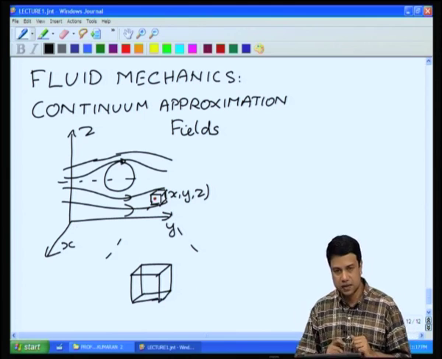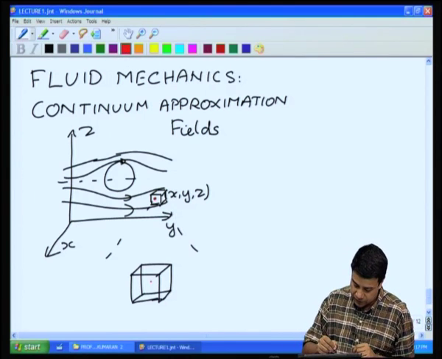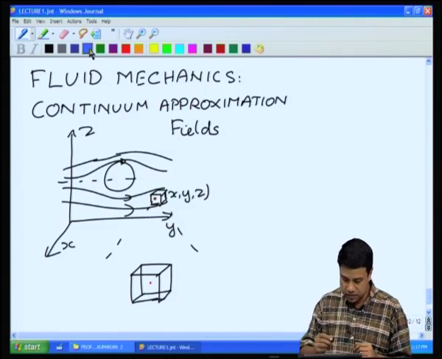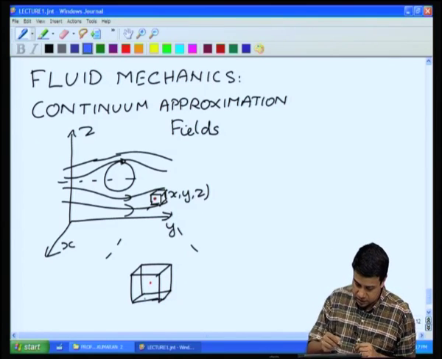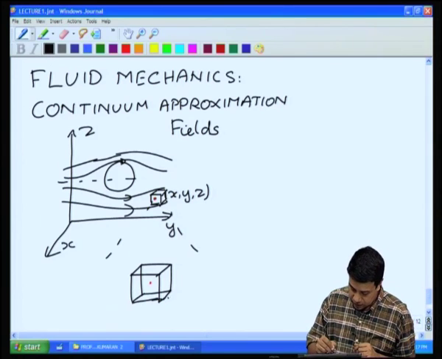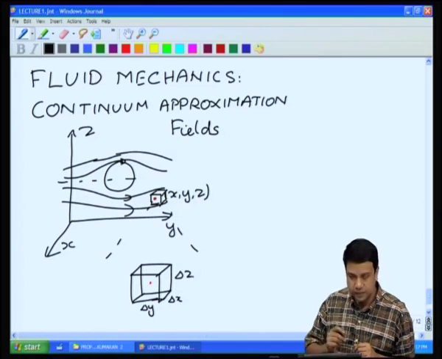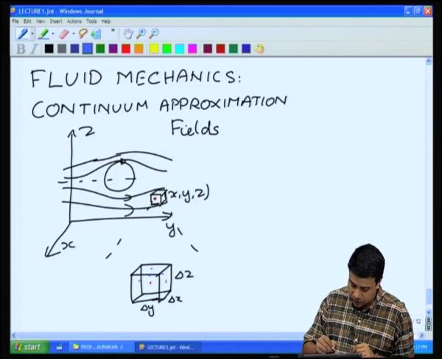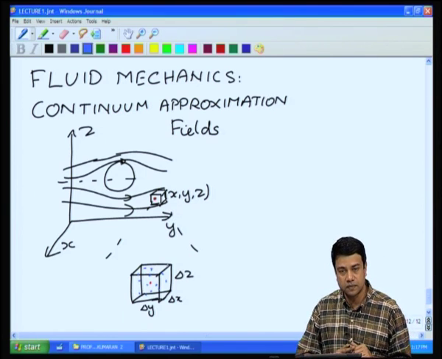In this particular case, I will just take a cubical shape. So, at this location I construct a small volume of size delta x, delta y, delta z, and I count the total number of molecules of the fluid within this differential volume.